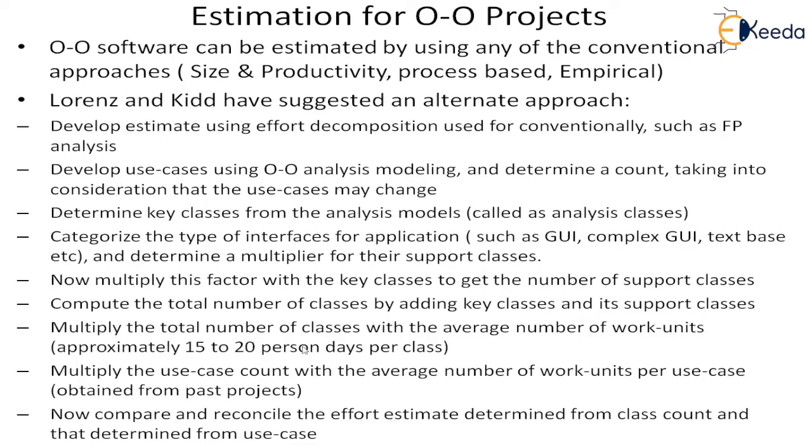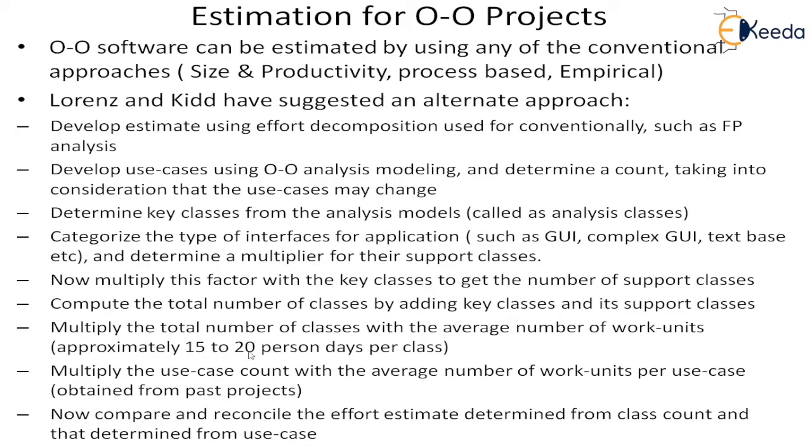This 15 to 20 is just an approximate figure, but you can determine your actual figure by looking at your past projects. Or you can possibly find it in some of the standard productivity metrics tables, which are provided by IFPUG and many other organizations, and you can see how much it is.